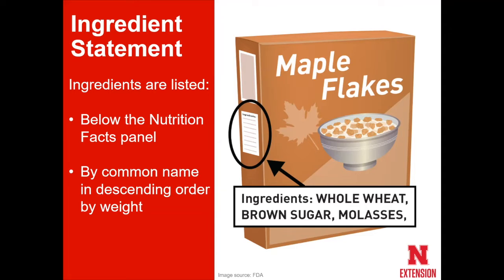So the food item that is present in the food at the highest weight is listed first and the rest go in descending order. In this food product, we can see it's a cereal, and the first ingredient is whole wheat, followed by brown sugar and molasses. That would mean that whole wheat has the highest component as far as weight is concerned.